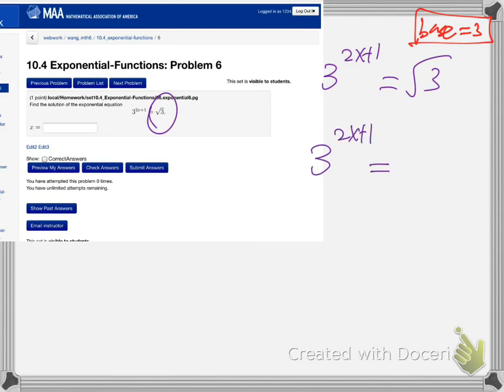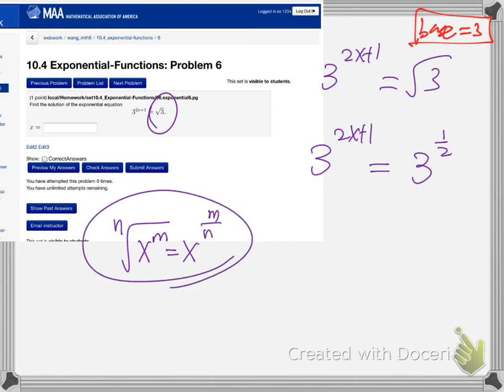On the right, radical 3 is 3 to the half power. The nth root means a rational power with denominator n. So the nth root of x to the m power is x to the m over n power.